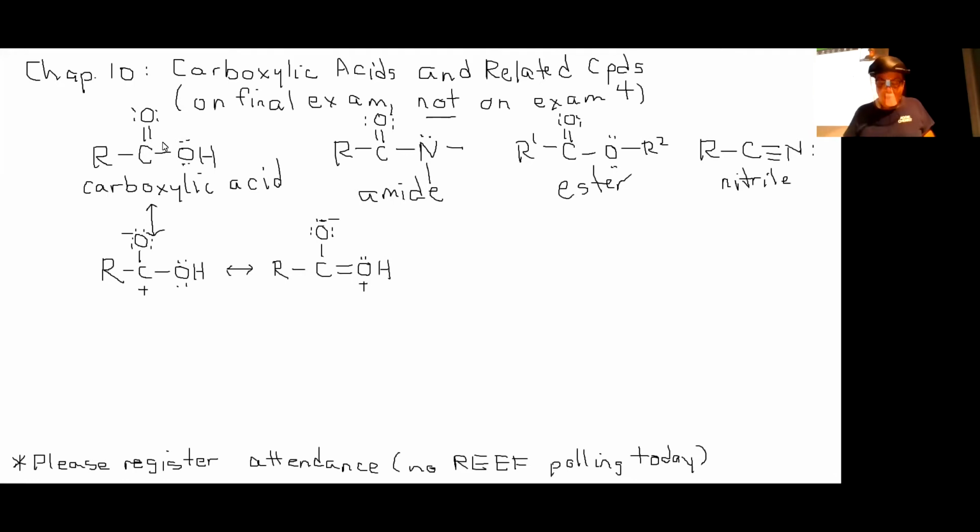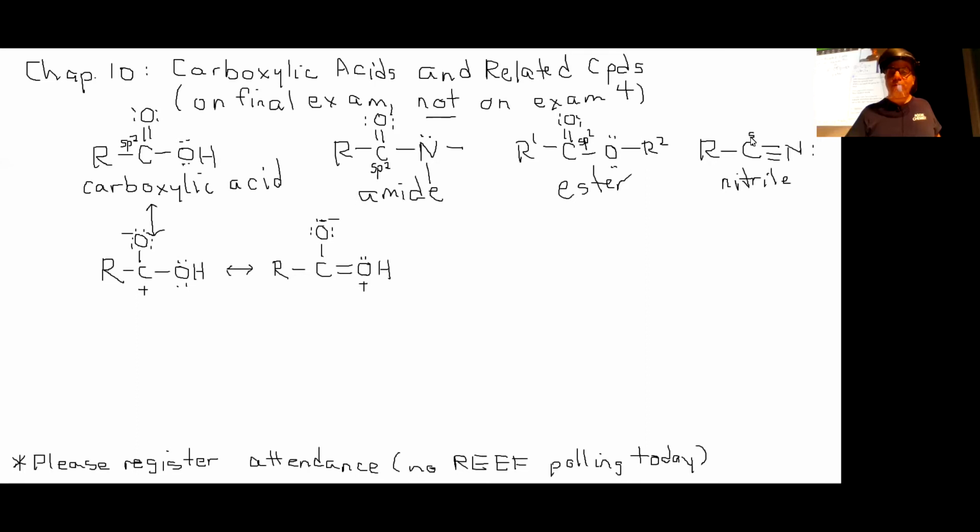Good. So what about other properties of carboxylic acids, and also these other derivatives? Well, we've said already that the carbonyl carbons here are going to be sp2 hybridized. No surprise there. Same thing in amides, that's also an sp2 hybridized carbon. Same thing in esters, also sp2 hybridized. Same thing in nitriles, just kidding.